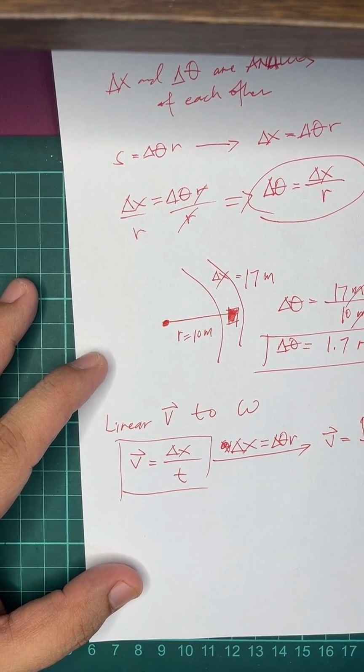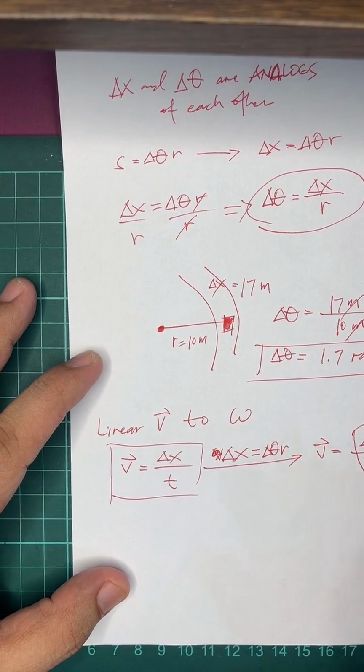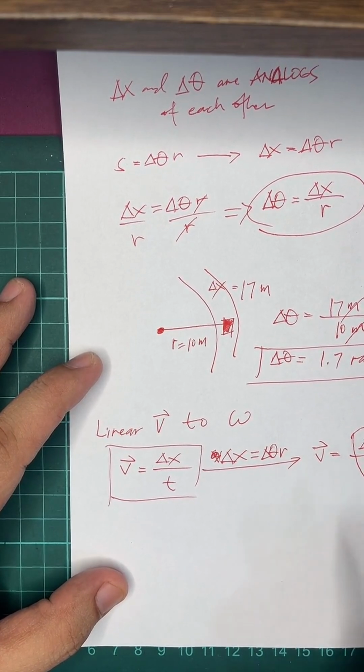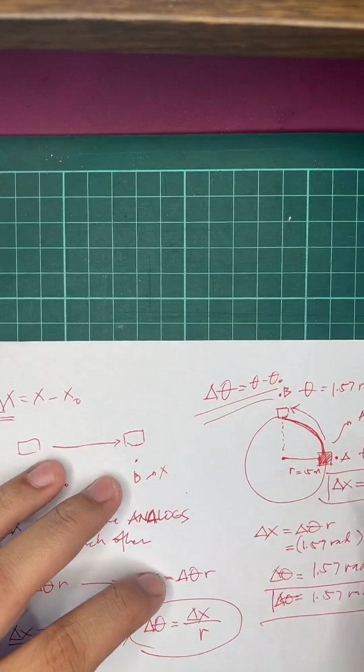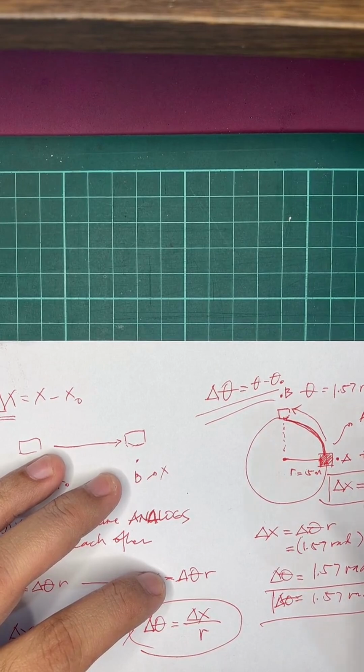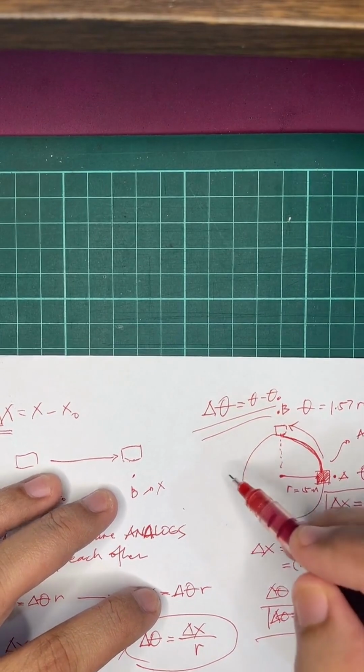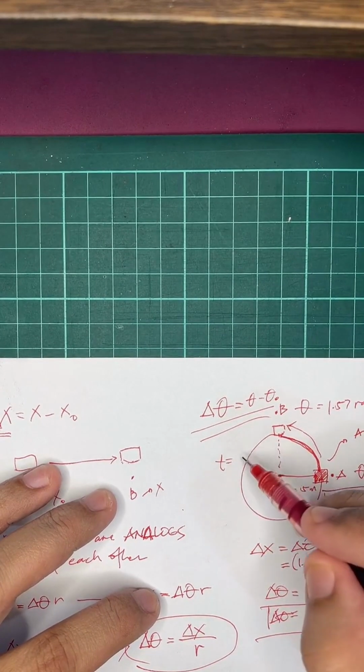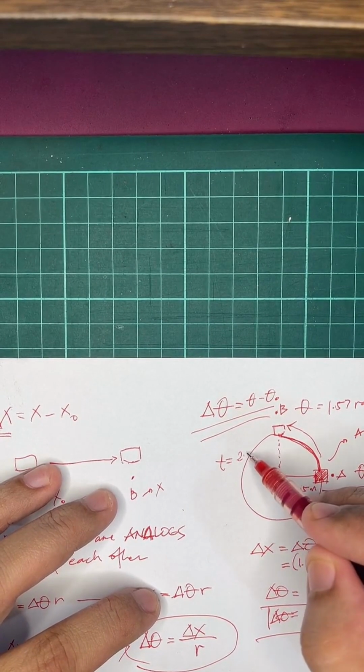How will we use this particular equation? Now, let's go back here. Okay, for example, the time it took is 2.5 seconds, maybe.